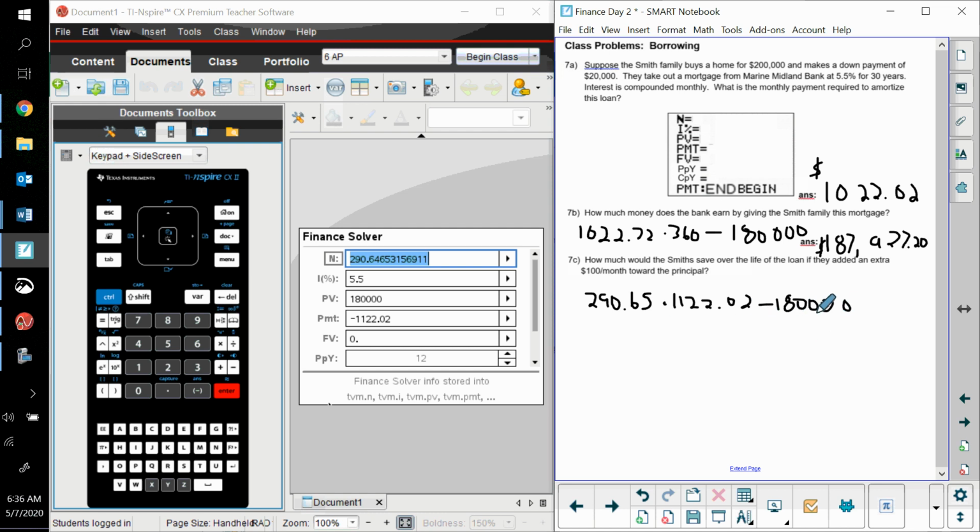And then this is the amount that the bank actually gave them. So when we subtract that, we get $146,115.11. If we compare that to this amount here, that's a difference of $41,000. So simply by putting $100 extra each month, in the long run, they save $41,000, which is crazy.